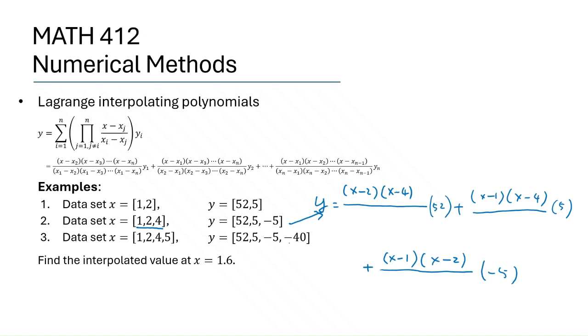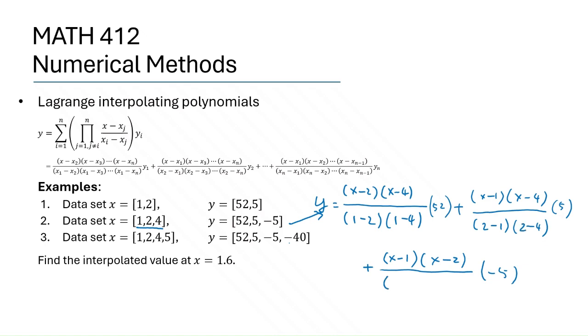Okay, numerator, denominator. Copy paste numerator to denominator and replace each x with x1. x1 is 1, 1. Same with the second term, copy paste numerator to denominator. Replace x with x2, that's 2, 2.